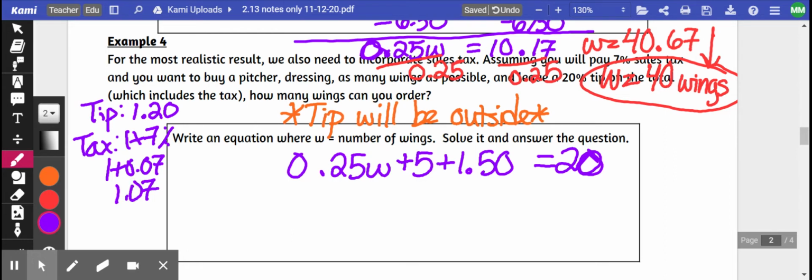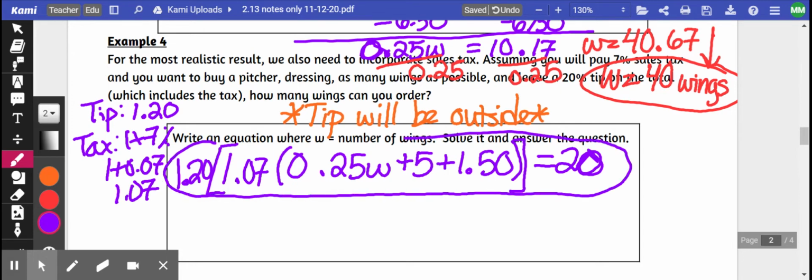Okay, and I know that the tip will be the part that's on the outside. So I'm going to have my tax applied to everything first with 1.07. And then my tip will also be applied to everything. So because I need two grouping symbols, I'm going to use brackets as well. Okay, that is my official equation.